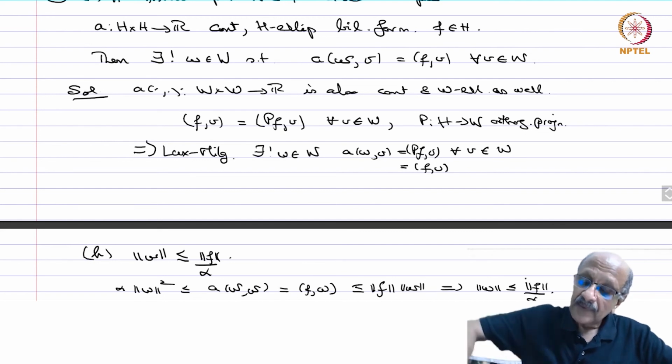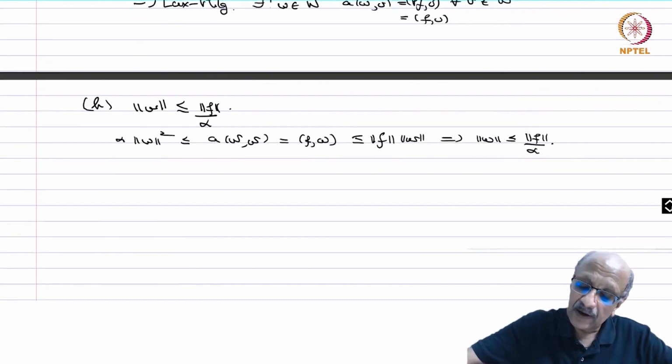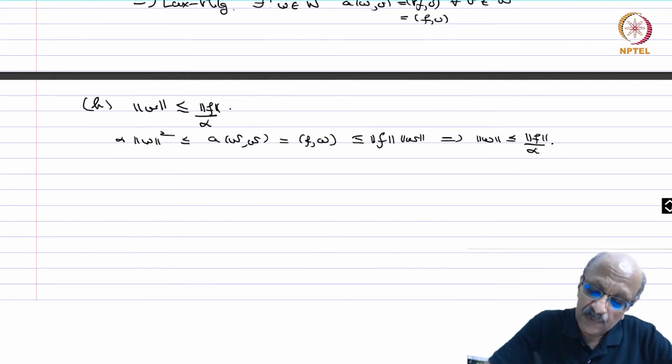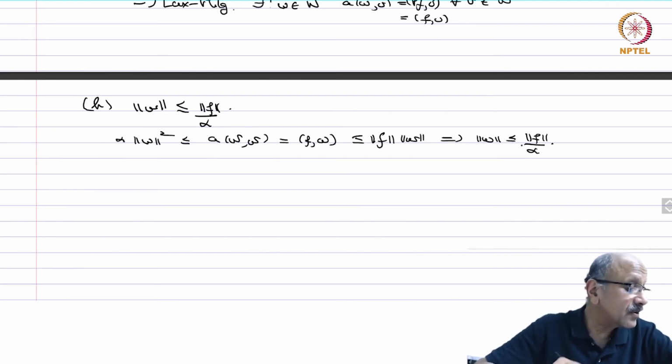So you see that this estimate is independent of the subspace. So whatever may be the subspace where you are solving this problem, the solution has the same estimate for the norm. Okay, so this is the thing.